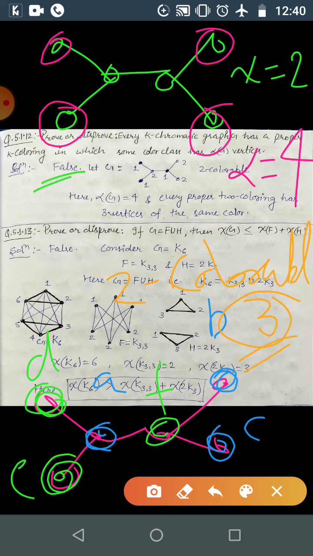So here 3 vertices are present. And what is the maximum independence number, the maximum set of vertices which are independent? That is 4.